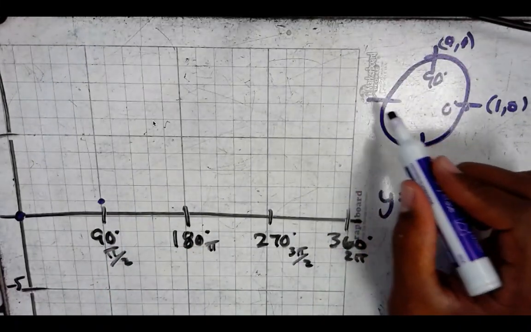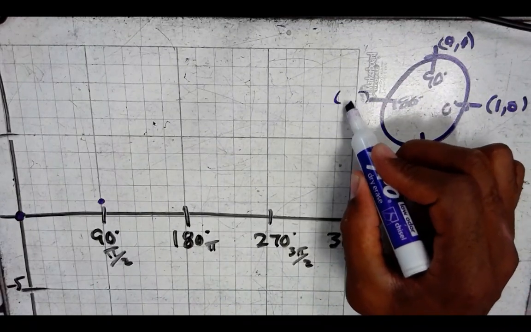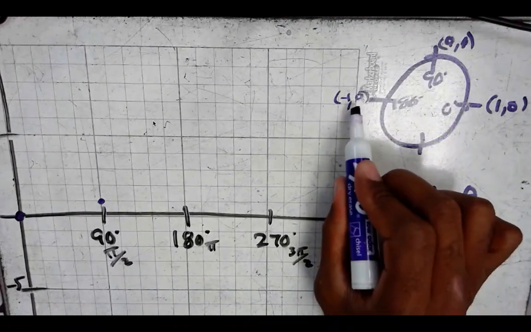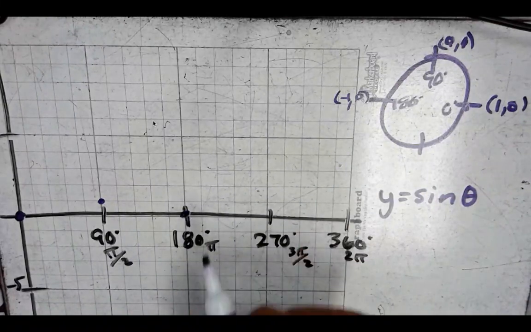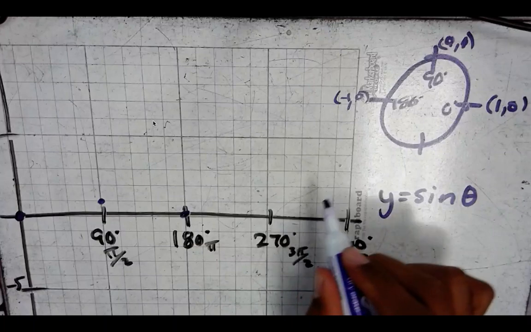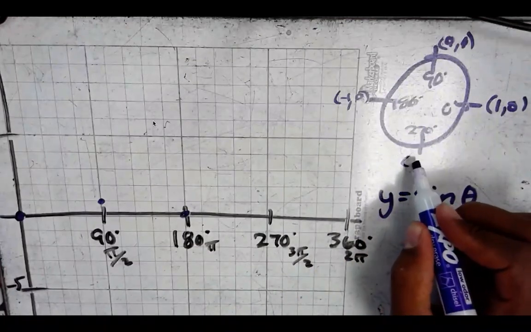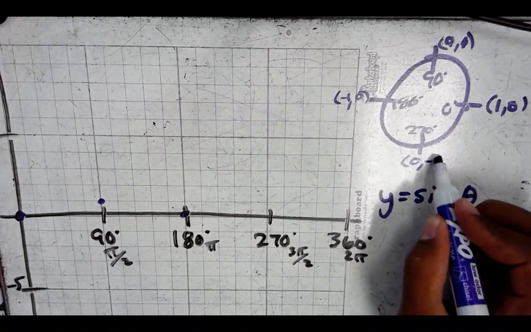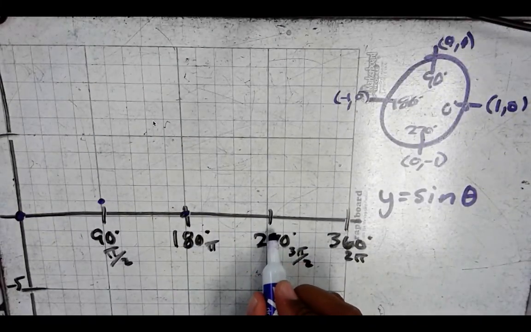Then when I come down to 180, that point is -1, 0. And again, the y value is 0 there. So my next point will be right on the x-axis at 0. And then when I come down to 270, the point is 0, -1. So that means I come down below to -1.